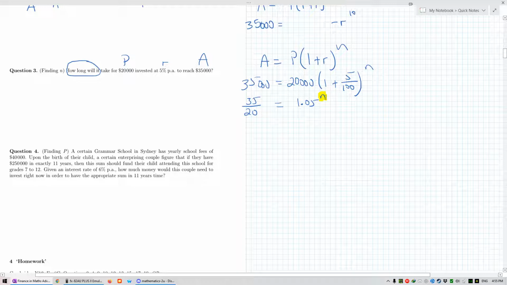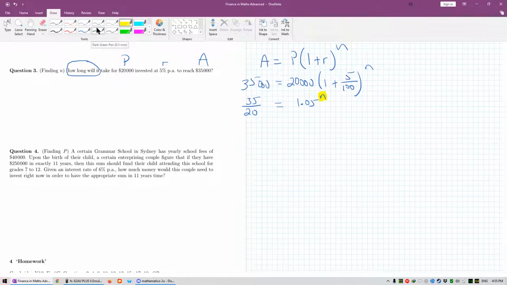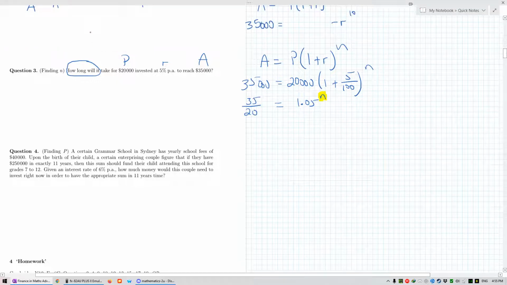The variable is a power, you have to use logs. There's no other way. And pretty much throughout Maths Standard, Maths Advanced, and even 3-unit. In fact, as far as I know, anytime you have a variable in a power, it's always going to be solved using logs. So let's just take the log of both sides.